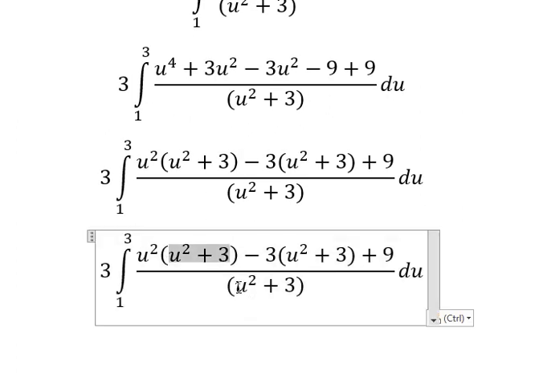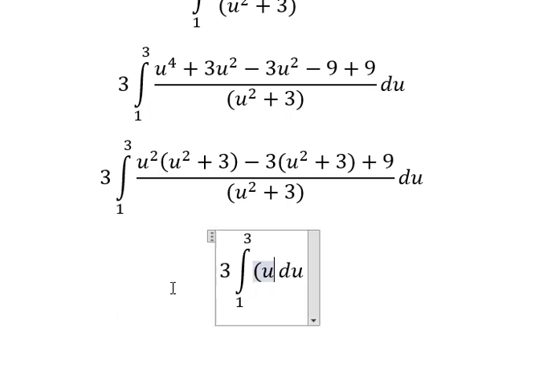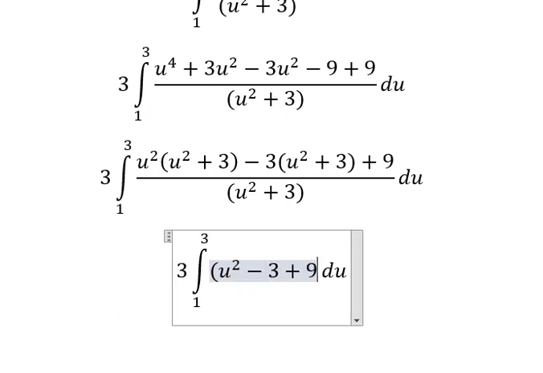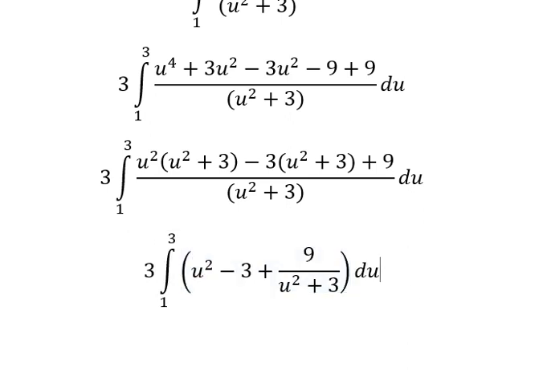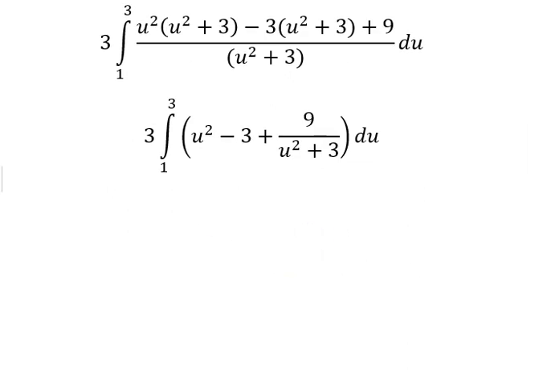This one divided by this one, and this one divided by this one, so we have it like this. And now we have the final answer.